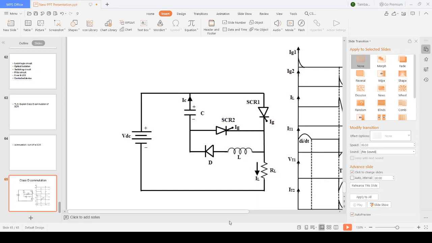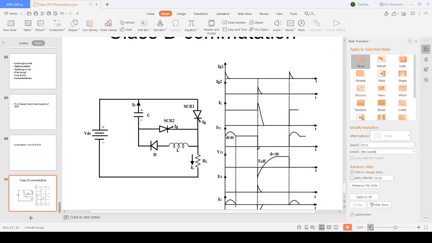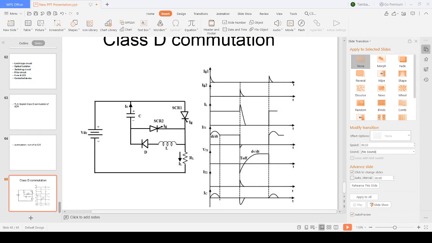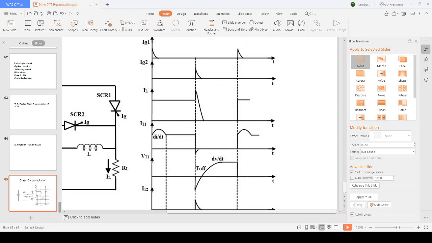Now this operation we have to study with the help of a waveform. Please observe this waveform. On the x-axis, the horizontal axis, time is plotted, and on the vertical axis, different current and voltage values are plotted.